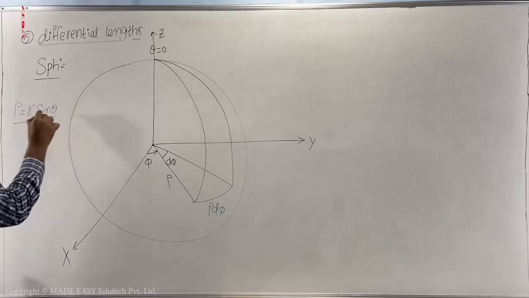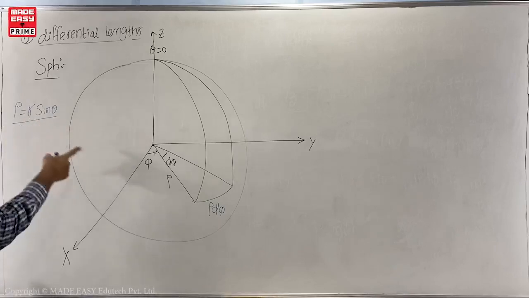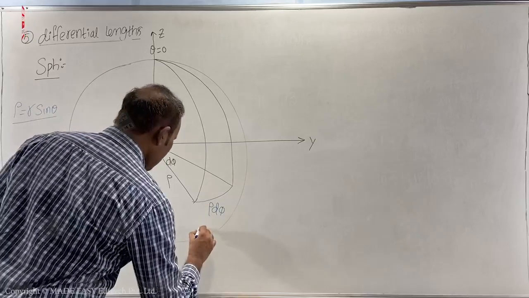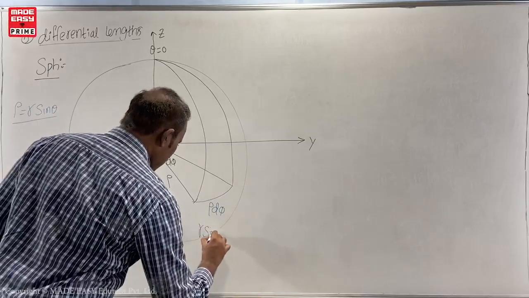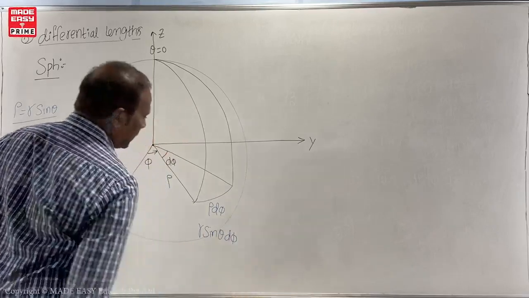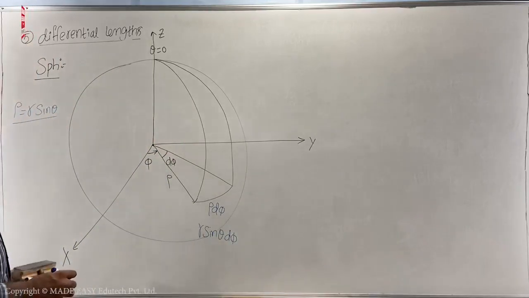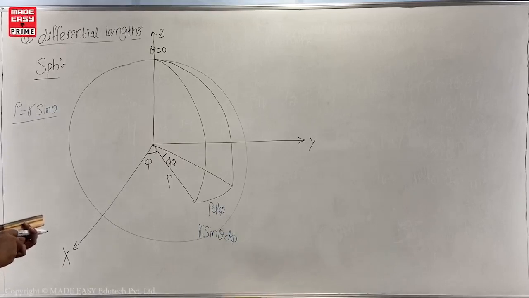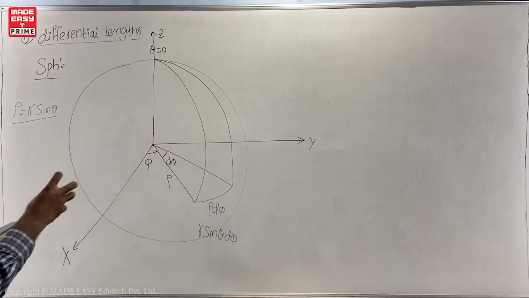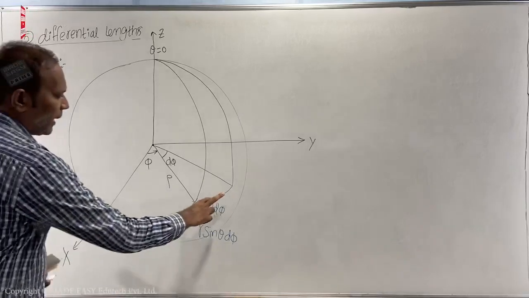So if you put that here, in place of rho you put r sin theta into d phi. Ultimately this is the differential length in the phi direction.